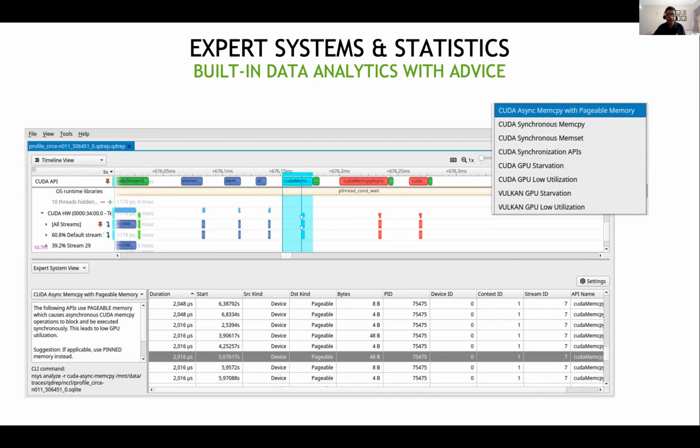So it points to that, and it also shows the corresponding highlight on the timeline, and it suggests that if possible, you could try to use pinned memory instead, which will allow them to actually run asynchronously. So similarly, these are the initial rules. Of course, in the future, we would be adding more such rules, which will make it easier to do analysis of large data across the application execution. Next slide, please.